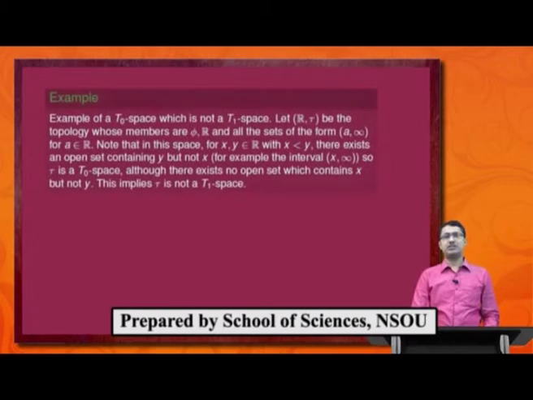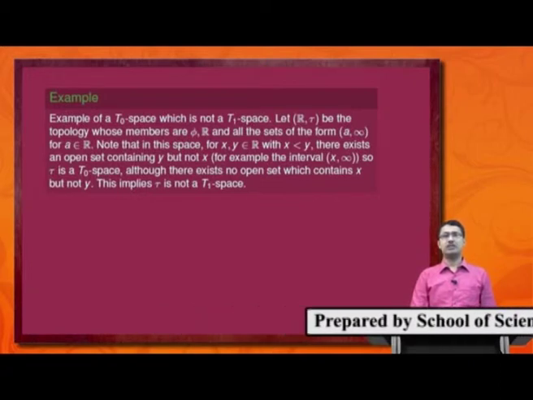For example, of a T0 space which is not a T1 space, let tau be a topology on R whose members are phi, R, and all those sets of the form (a, infinity), where a belongs to the real numbers.